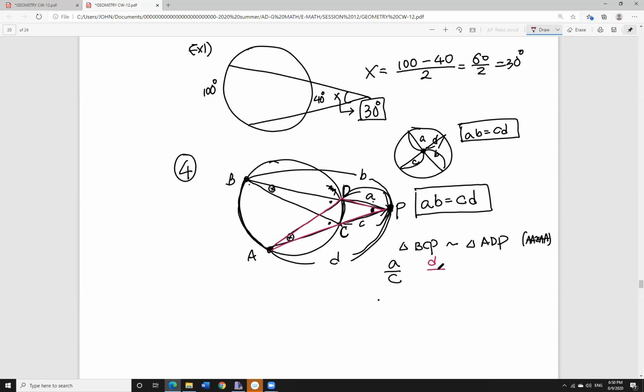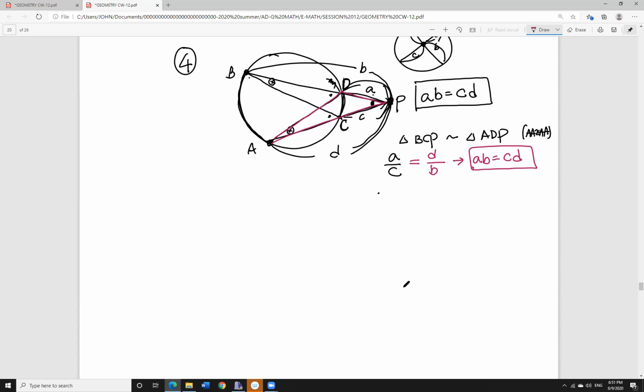D over the other triangle's corresponding side, B, isn't it? They must be equal, right? Same as before, A times B equals C times D, from the similar triangles. Is it okay?